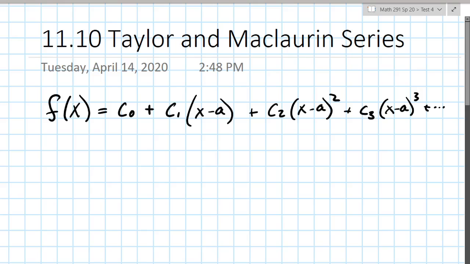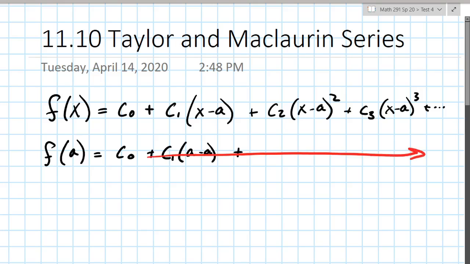If we were to try to find the value for c0, if we let x equal a, then we have c0 plus c1 times a minus a plus a bunch of these a minus a's. So all of this over here is going to go to 0. So what that's saying is our first coefficient, c0, is f at a.